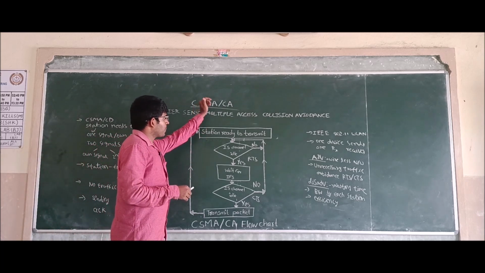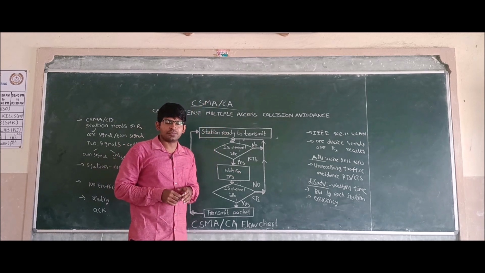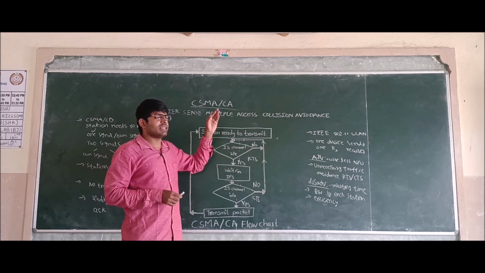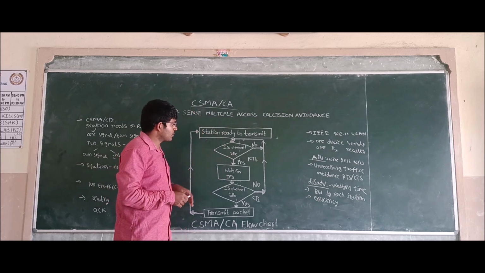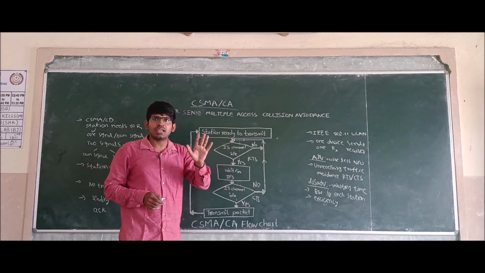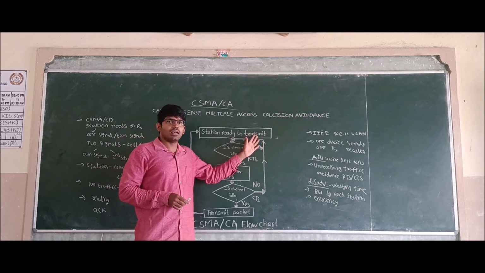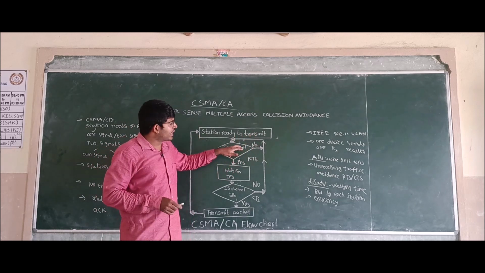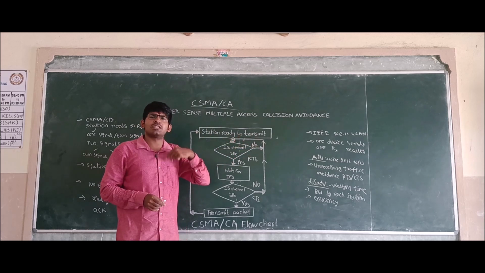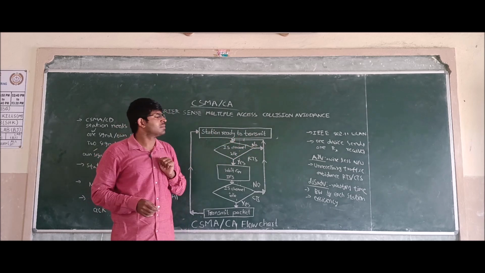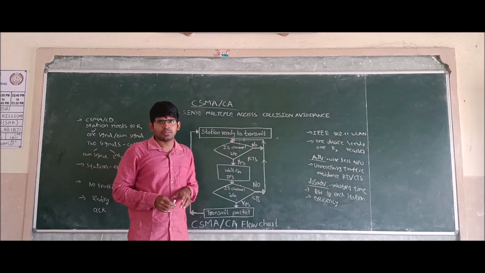Here you can see in the flowchart, when the station is ready to transmit, we check whether the channel is idle or not. If the channel is not idle, it goes back into the loop and checks again whether the channel is idle. It keeps checking.